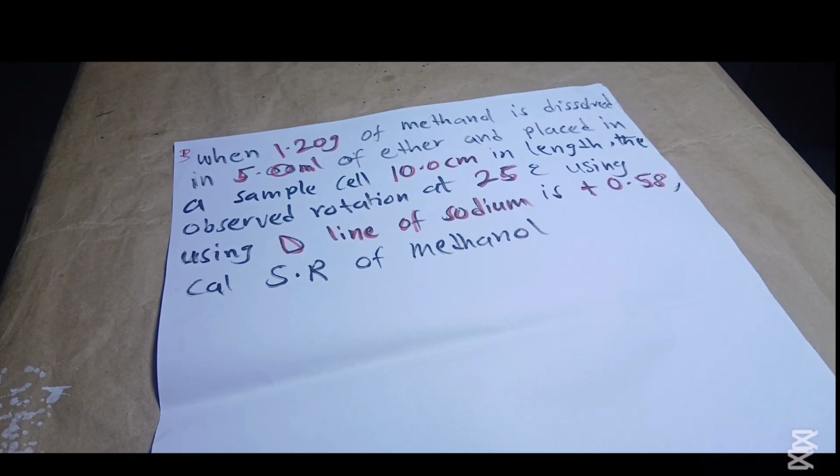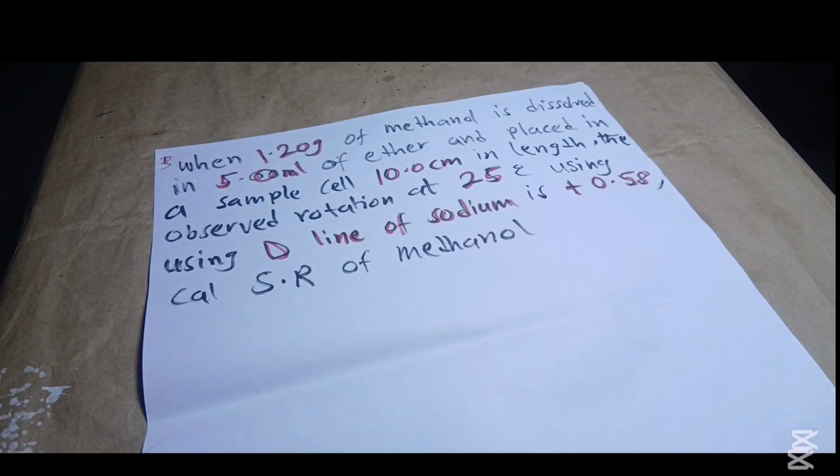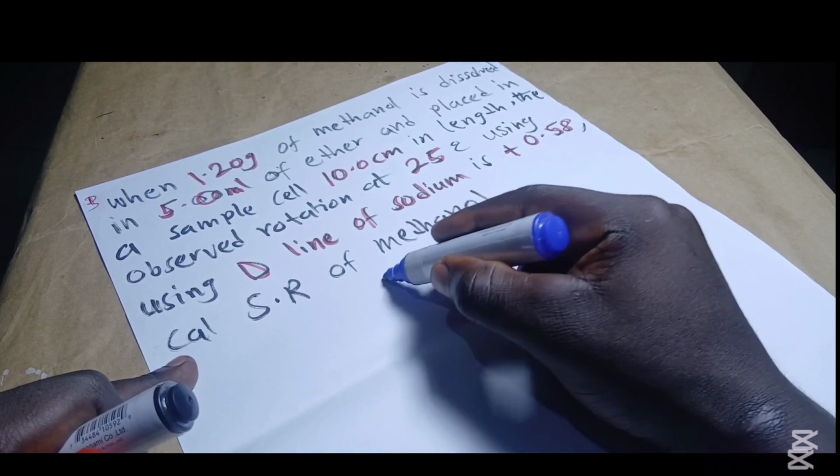1.20 gram of methanol is dissolved in 5.0 ml of ether and placed in a sample cell 10.0 centimeters in length. The observed rotation at 25 degrees Celsius using the D line of sodium is plus 0.58. Calculate the specific rotation of methanol. Solution.